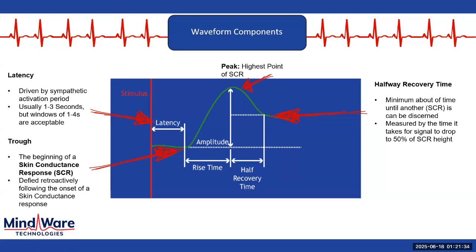If something preceded that SCR before the rise, we could say that was an event-related skin conductance response. If we imagine the stimulus occurs at time zero, normally there's about a 1 to 3 second latency window, and then we can start to detect these SCRs. If we have one that falls within that window, we can correlate it to the stimulus that was just delivered before that.